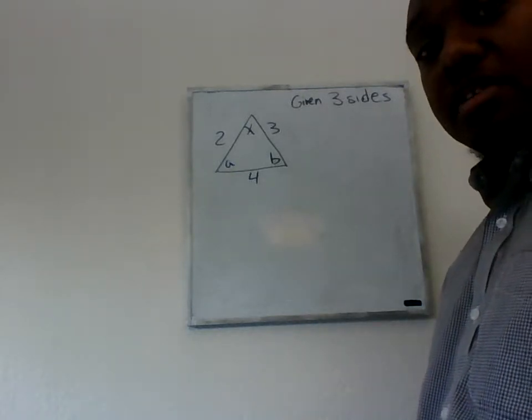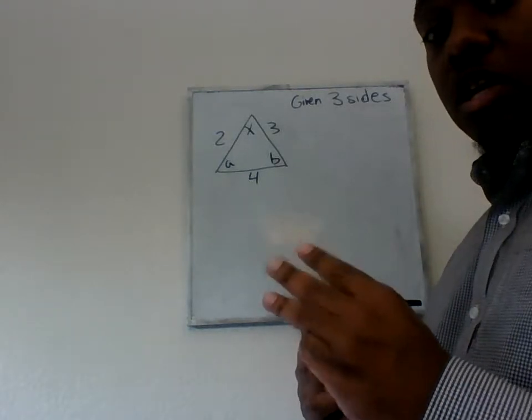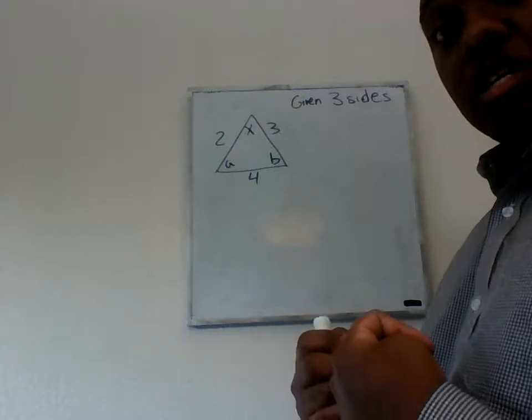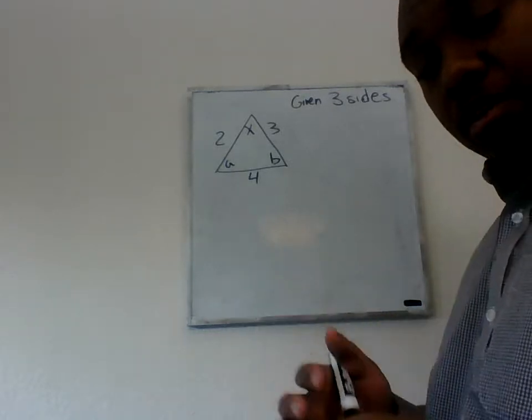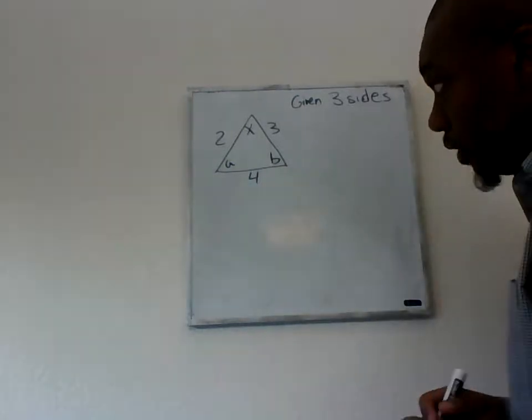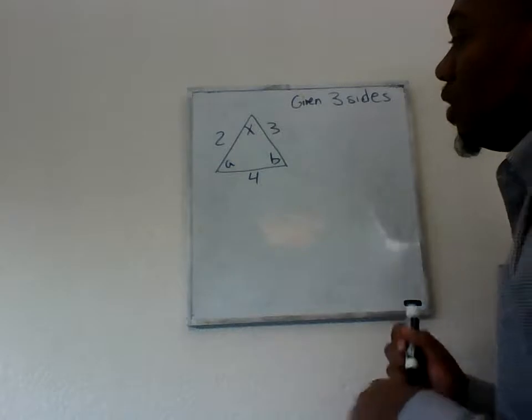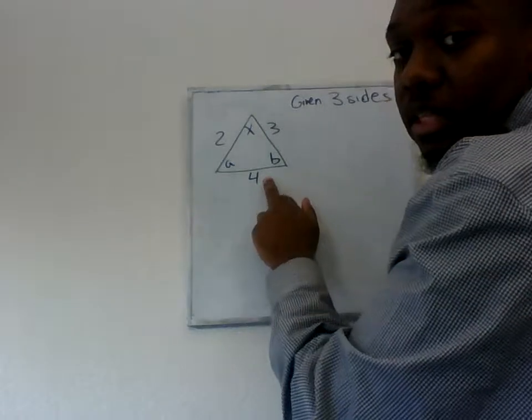Well, law of cosines involves all three sides and one of the angles. In this case, we know all three sides, so we can use it to find that other angle. So let's find X first. By the law of cosines, X is opposite the side 4.